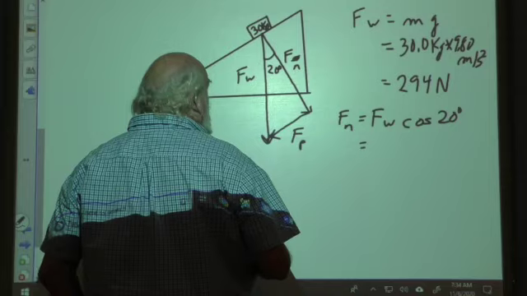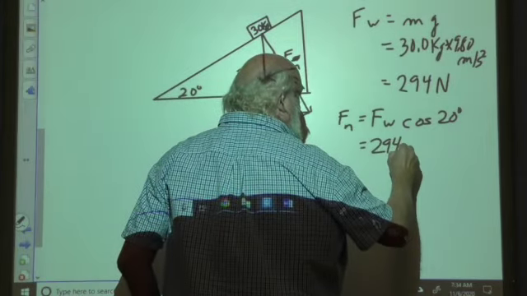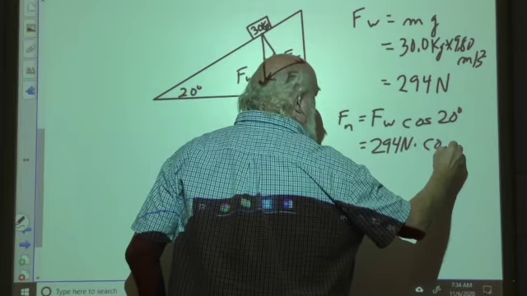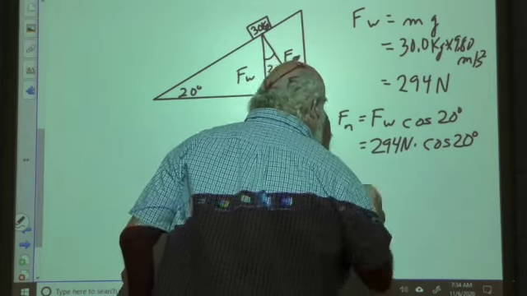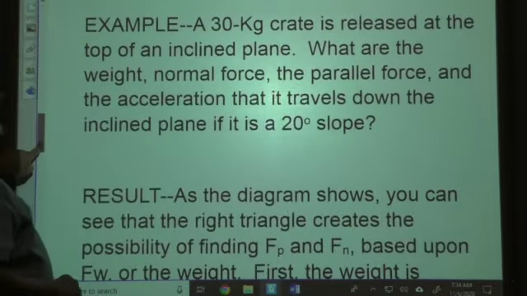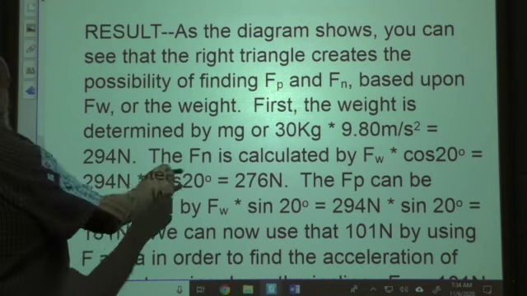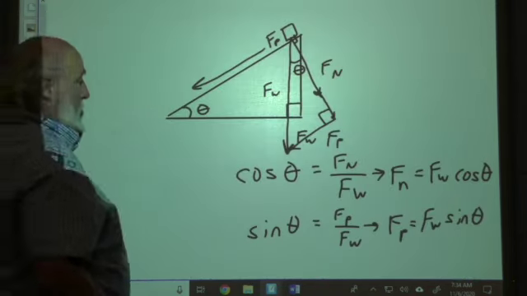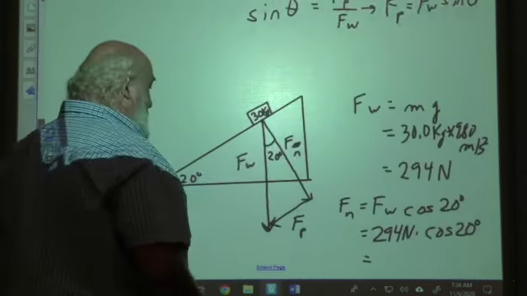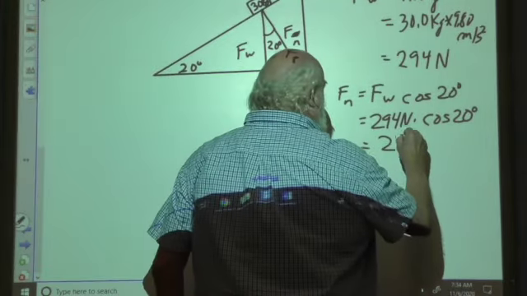So Fw, we said, is 294 newtons times the cosine of 20 degrees. And we said that was Fn, it says 276 newtons. When the smoke clears and our calculator smoke has gone away, we get 276 newtons.